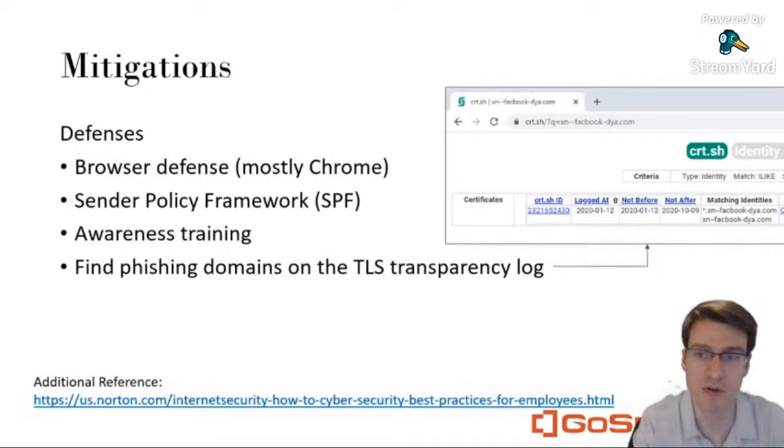So you can do your own queries to spot if people have registered them. Here's one where Facebook was registered, but instead of an E, it's a Greek E in this domain. By doing a search, you can find potential malicious domains, and then you can contact the provider to take down the domain if needed.